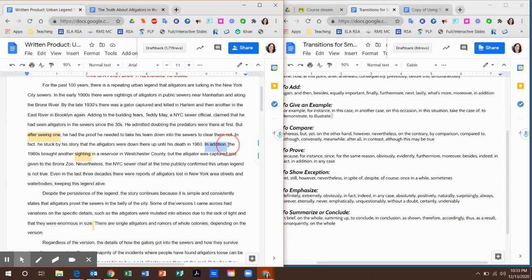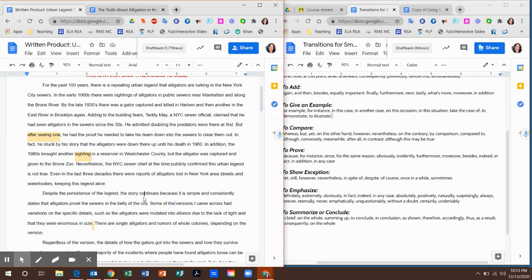And then this in addition, that helped me have more interesting sentence structure, but also helped to show how these details were building to a bigger story and up until modern times, right? Took you right through the chronological order of that. And then I checked to make sure that I had some transitional language here to connect the ending idea of this paragraph to the next paragraph.